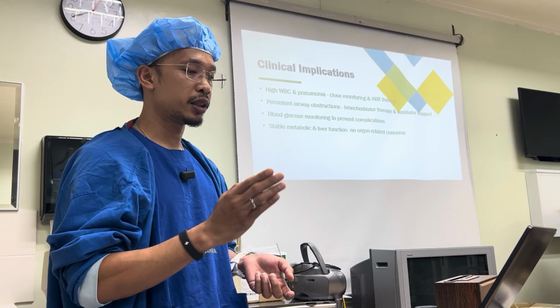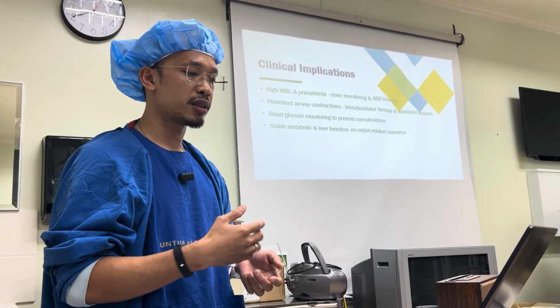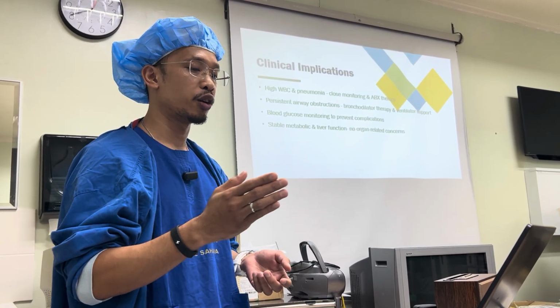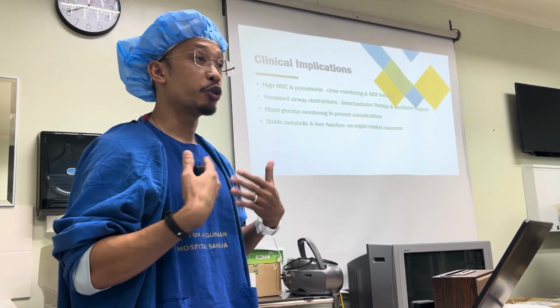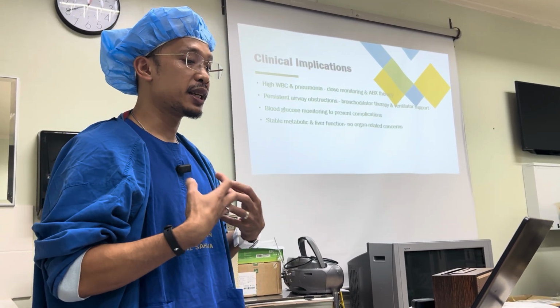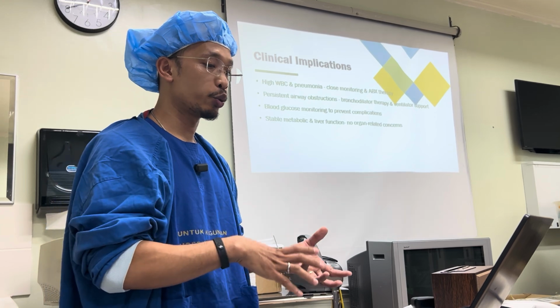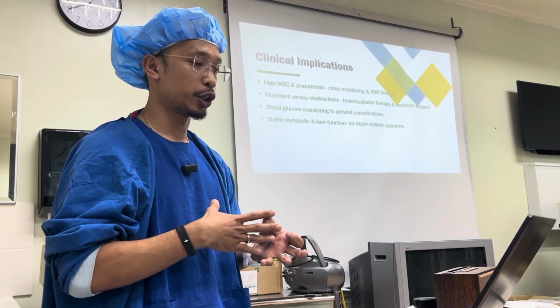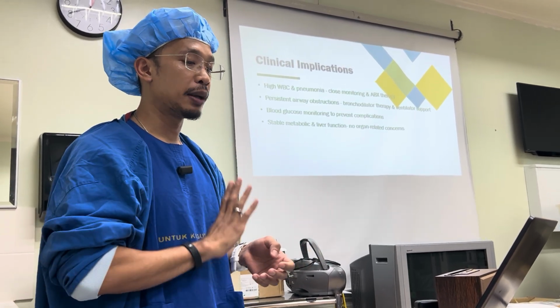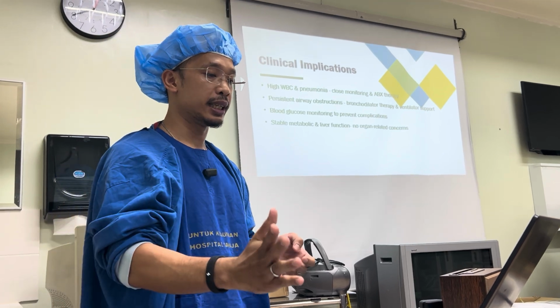Okay. On a positive note, liver function and metabolic panel results are stable, indicating there are no signs of additional organ dysfunction. This is reassuring because it means that we can focus on managing the primary issue, which is respiratory distress and infection, without concern about liver impairment or metabolic instability.